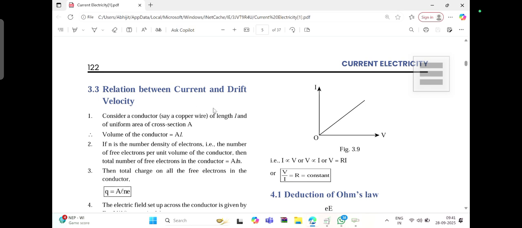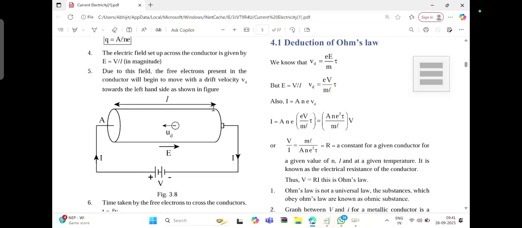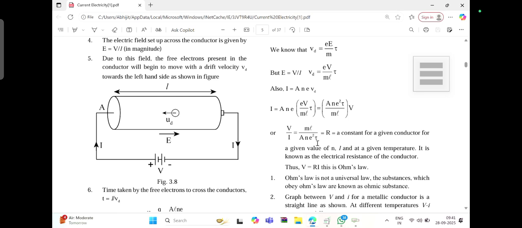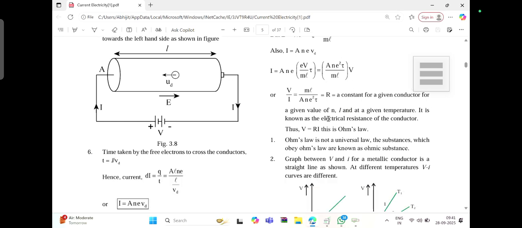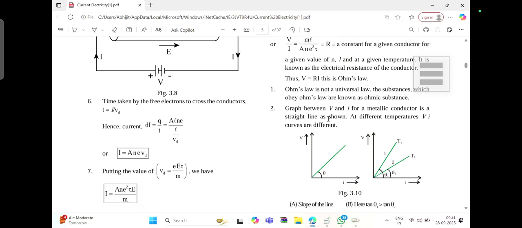Relation between current and drift velocity is also a different thing for you. I have already discussed this expression in your class: Vd is equal to eEτ by m, V by I is equal to R, that was the expression for that.